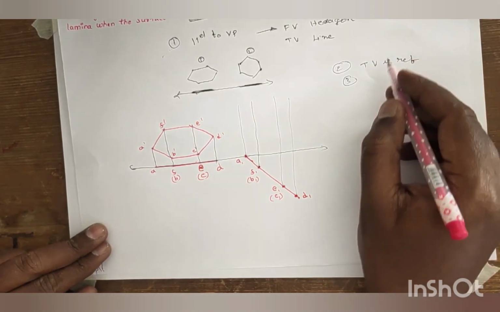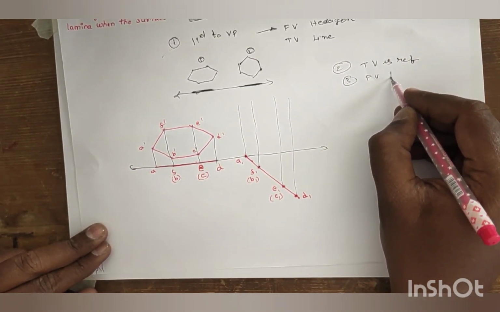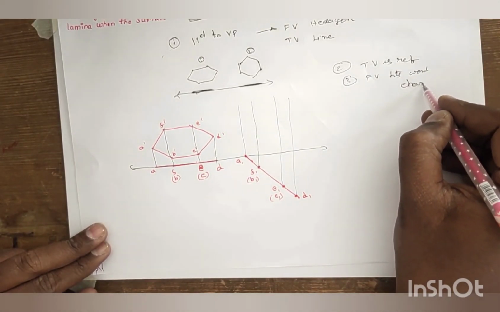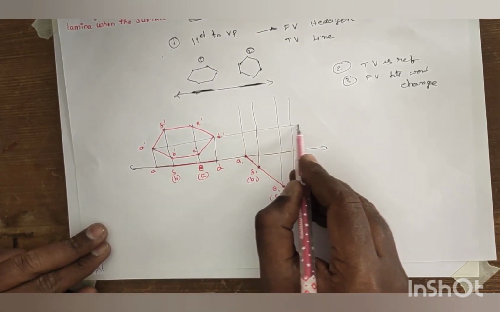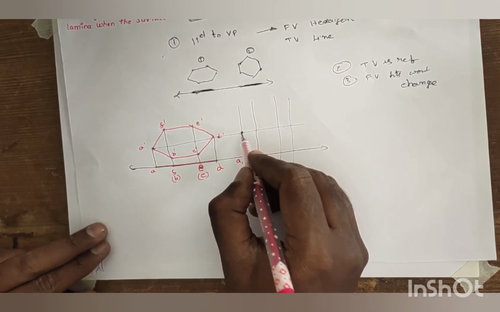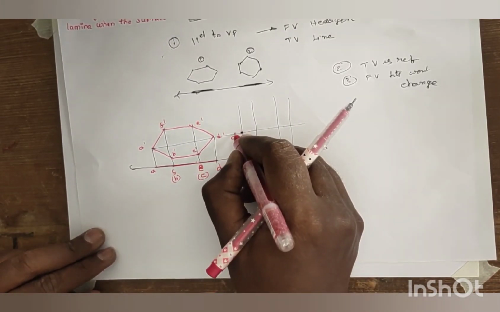If the top view is not changing, front view heights won't change. Sir, previously A is at this height, now also A will be on the same height. So this is the locus of A, this is the projector of A. This particular point will become A1 dash.